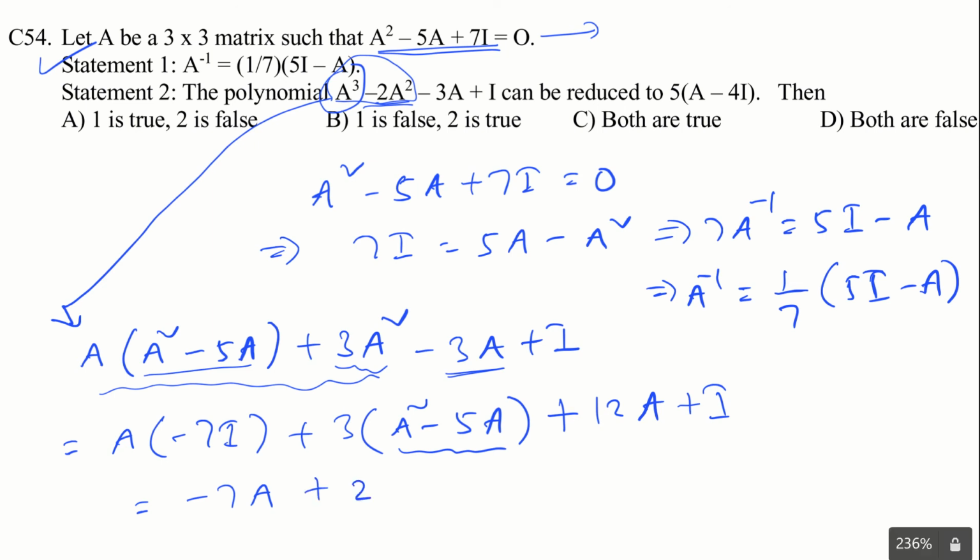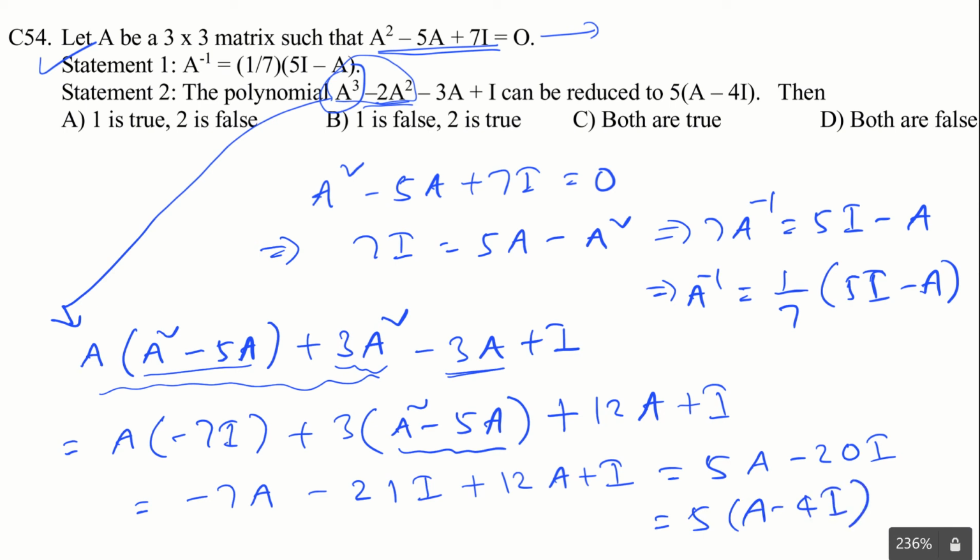So I'm getting 21i, I mean this is minus 7i again, that will be minus 21i plus 12a plus i I am getting. So after simplifying, this is nothing but 5a minus 20i. Taking 5 common, a minus 4i. That means this polynomial can be reduced into this form. So both are true. Let's go to next problem.